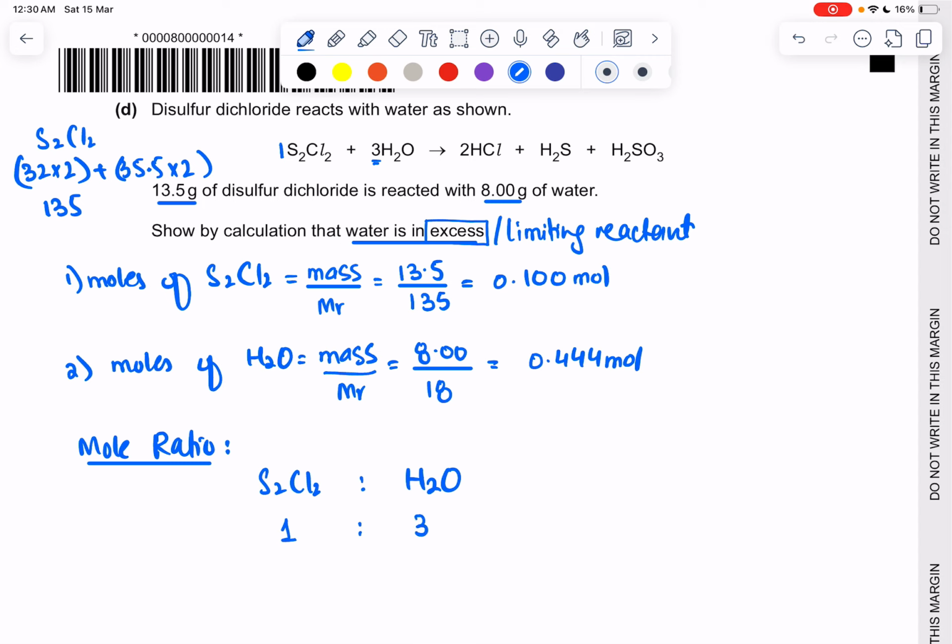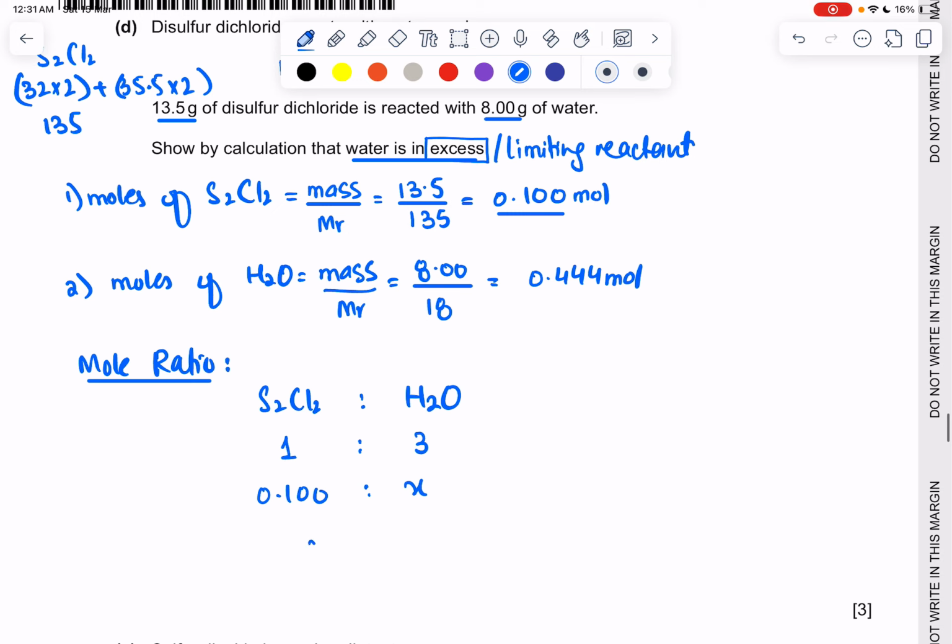So if I use this value of S2Cl2, how many moles of water will be needed? 0.100 times 3 divided by 1, the answer is 0.3.